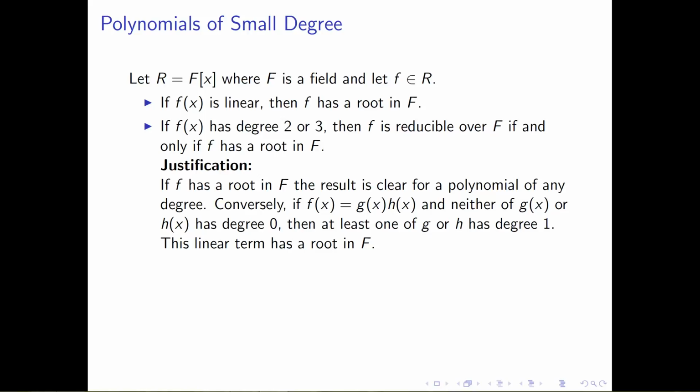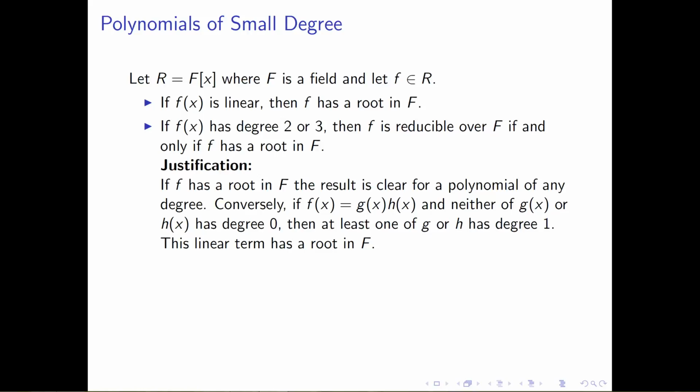And that's what it means for a polynomial to be reducible. I wrote it as x minus the root times something that has positive degree. So that direction is easy. That's something that we covered in the last slide. So let's do the converse now.